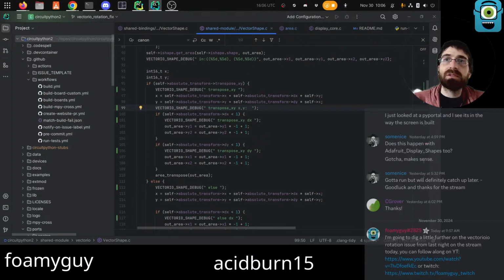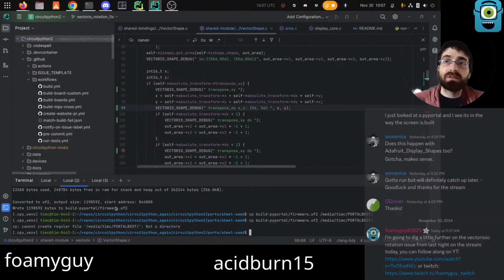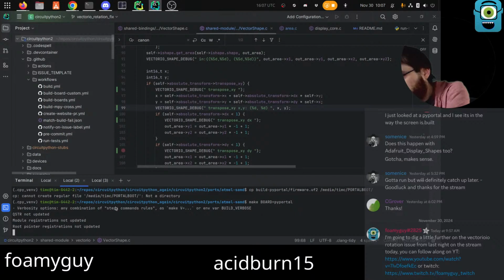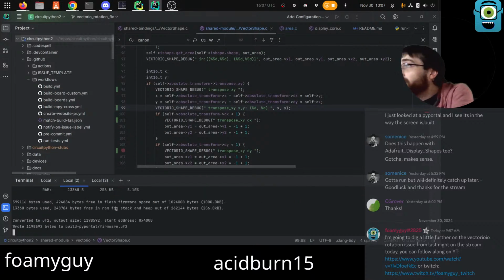Not sure what they really represent all the way, but good to put some other kind of spacers. I'm going to build this one too, and let's start looking at stuff.